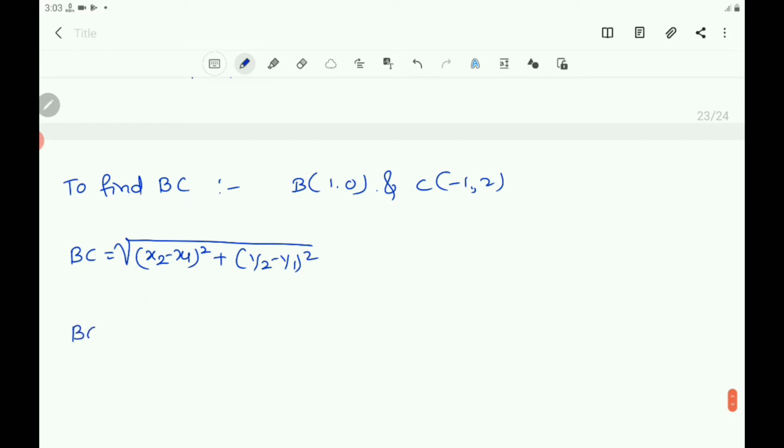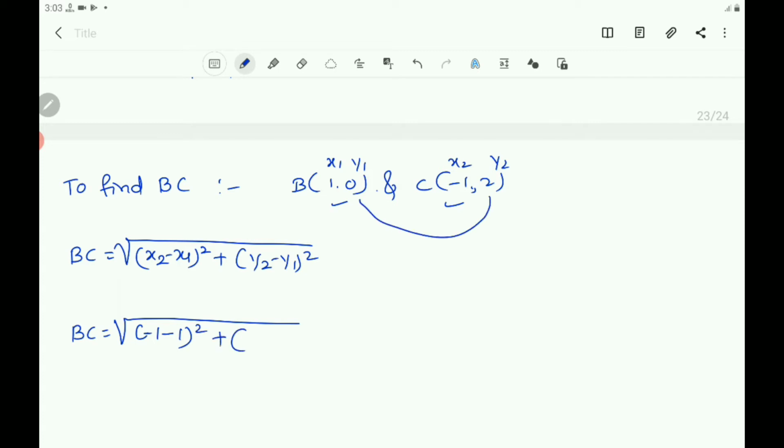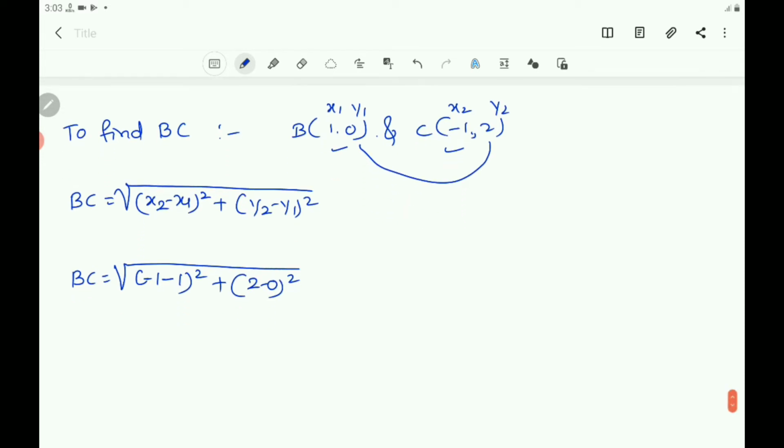Then BC equals square root of, you take x1, y1, x2, y2. So x2 minus x1, that is minus 1 minus 1 whole square plus y2 minus y1, 2 minus 0 whole square.